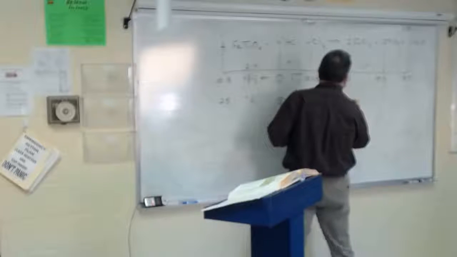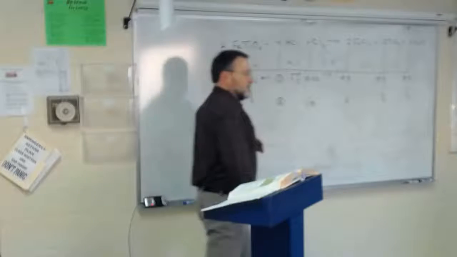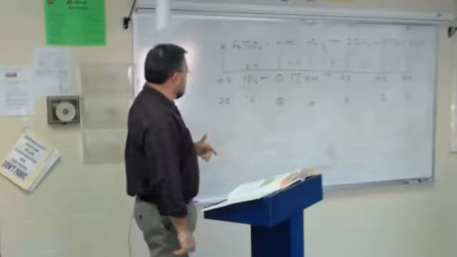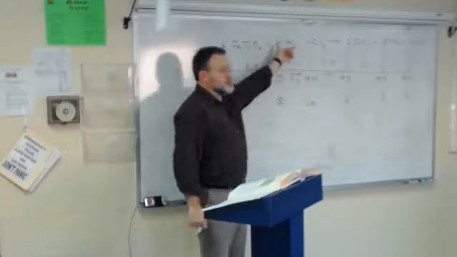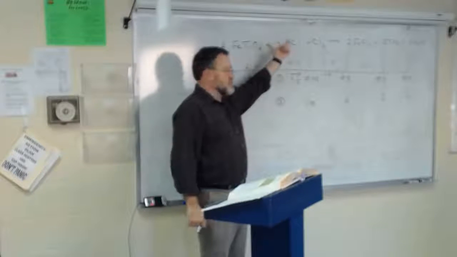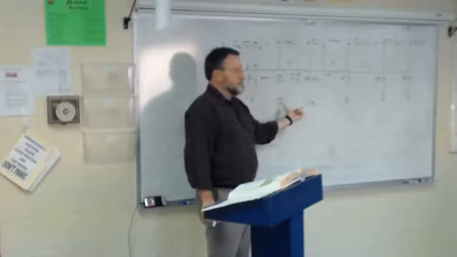It's still going to be 2, 2, and 2. And on the back side, I'm going to have leftover hydrochloric acid, because I have too much compared to the balanced reaction equation. I have too much. See that?